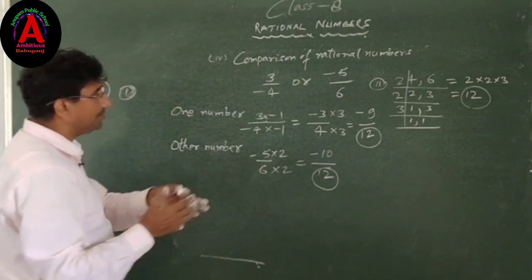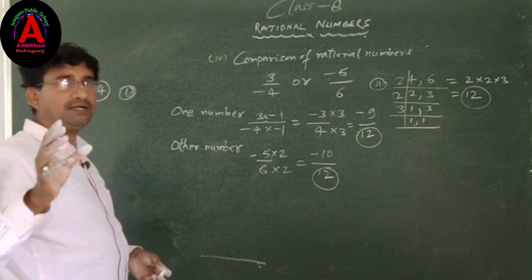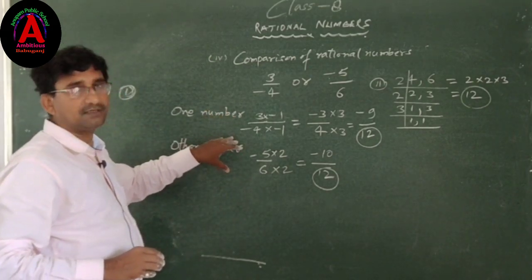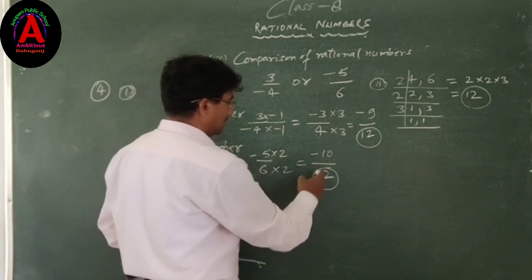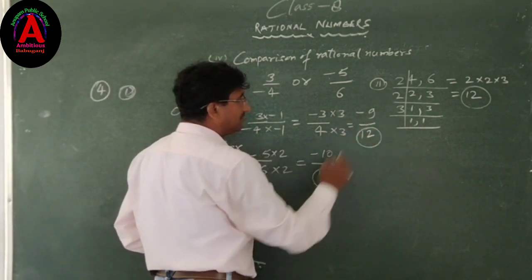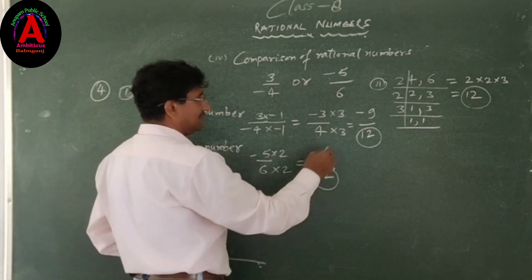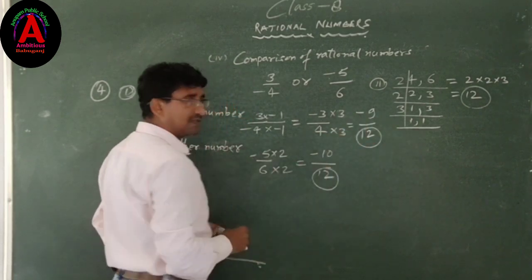So we have to compare it. Whichever numerator is greater, that rational number is smaller, because both are in negative form. So whichever number is lesser, that is greater.